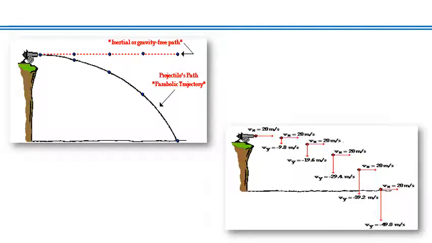You can see at the start it was launched with a velocity of 20 meters per second. So it remains 20 throughout the motion, but the vertical component of the velocity increases. The negative sign here is actually to show the negative direction.